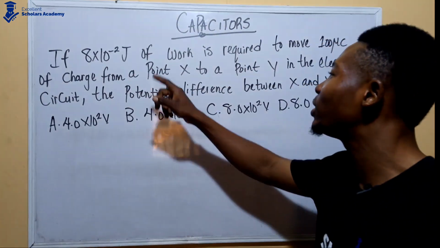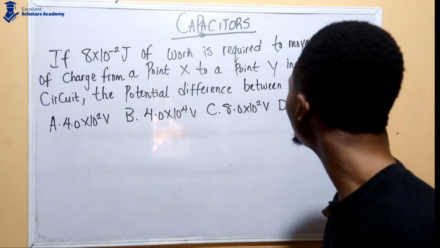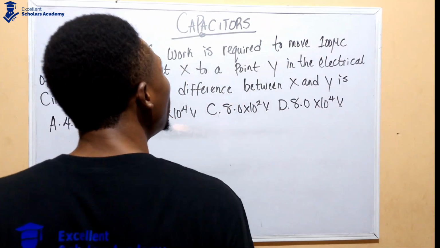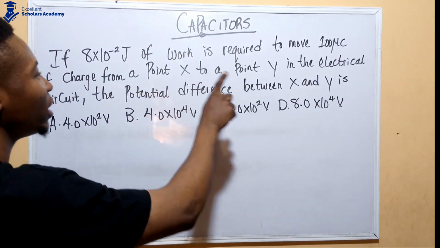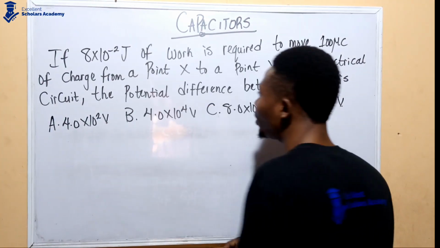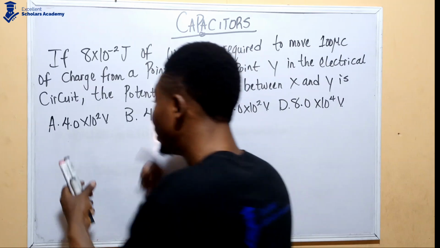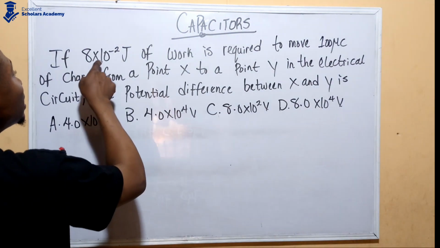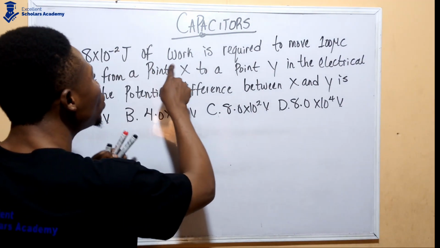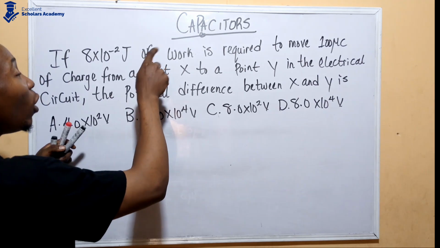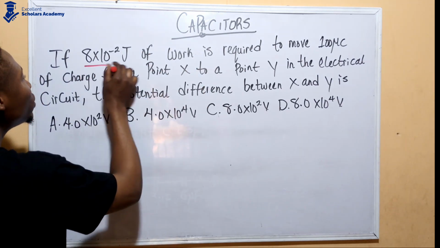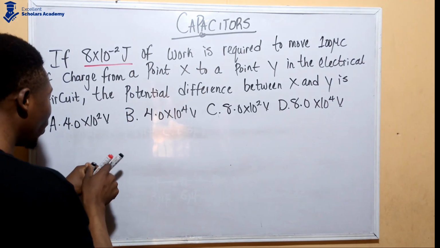If 8 times 10 to the power of minus 2 joules of work is required to move 100 microcoulomb of charge from a point X to a point Y in the electrical circuit, the potential difference between X and Y is, now take note, if 8 times 10 to the power of minus 2 joules of work, so this is work done. Now write your parameters down.